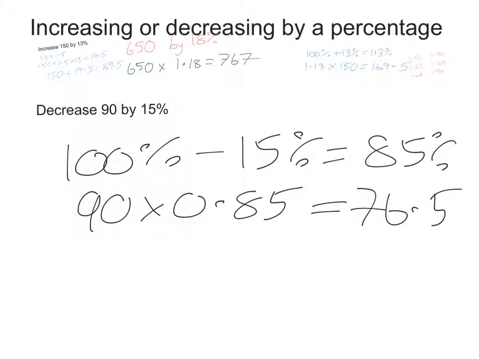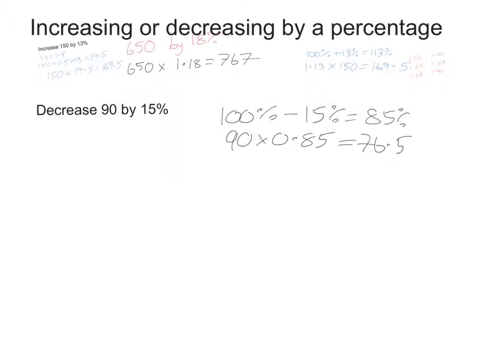What you have to do is in your head basically take the percentage in decimal form away from 1. So for instance, decrease of 15% is 0.85, a decrease of 7% is 0.93, a decrease of 30% is 0.7, a decrease of 65% is 0.35, and so on.